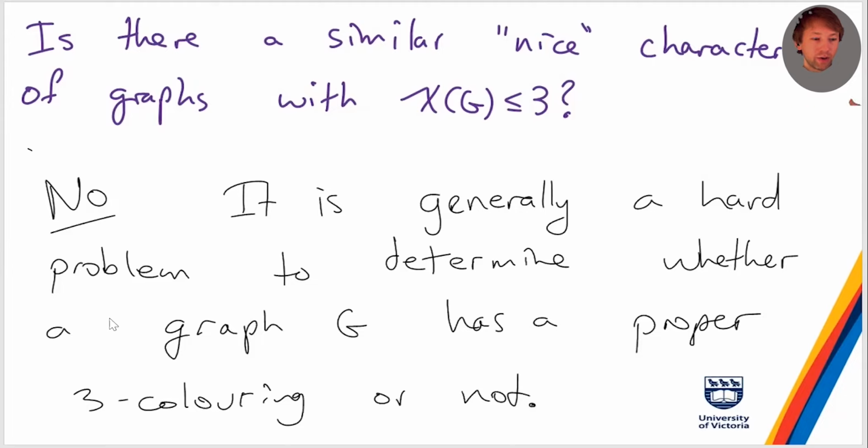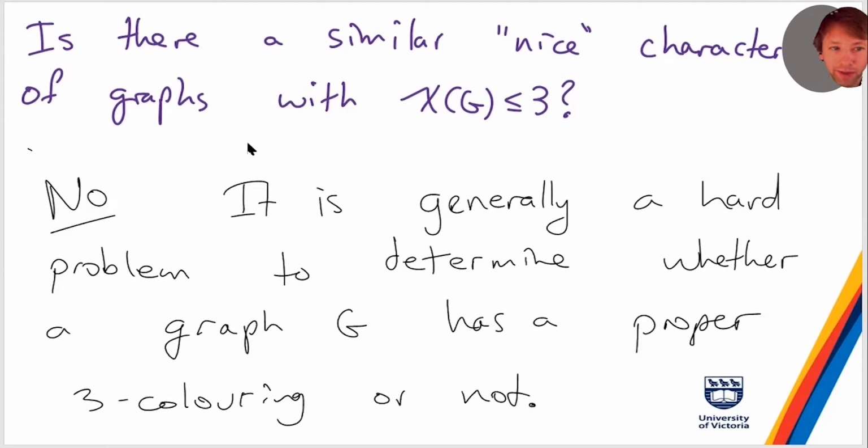So in other words, we don't have a good algorithm to do this. And we believe, and when I say we, I mean most of the human race, that there probably doesn't exist a good algorithm to test if a graph has a proper 3-coloring. And so therefore, there also doesn't exist a nice structural understanding of these graphs.